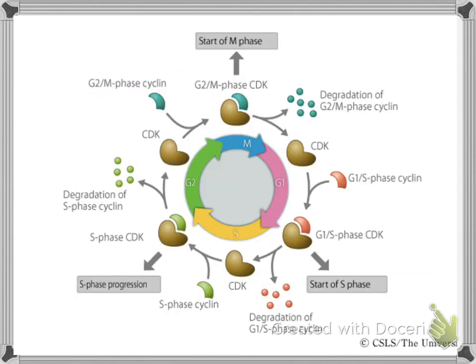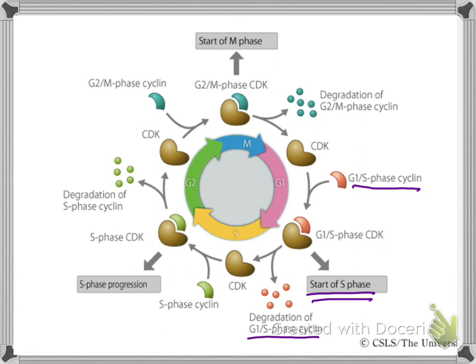Here you can see an additional example. Notice the CDKs stay constant throughout this cycle, but different cyclins are being made. As G1 happens correctly, G1 cyclin is made. It will then bind to CDK and make enzymes that help with the S phase. Then we break down that cyclin because we're done with it.